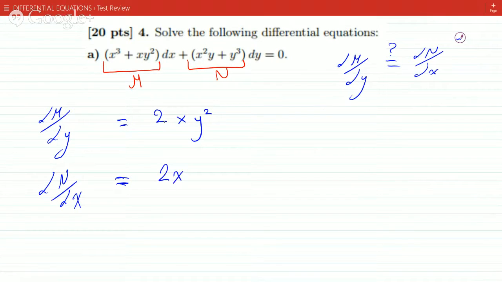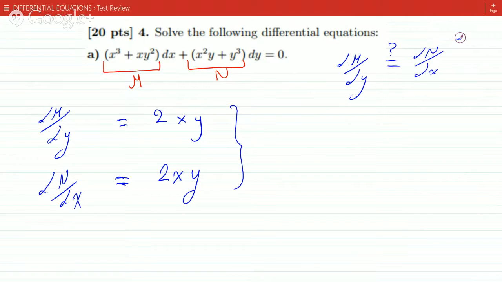So this will be 2x, oops, no need for a 2 there, it's just 2xy. And this is also 2xy with respect to x.